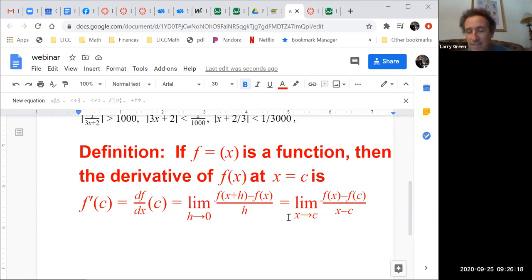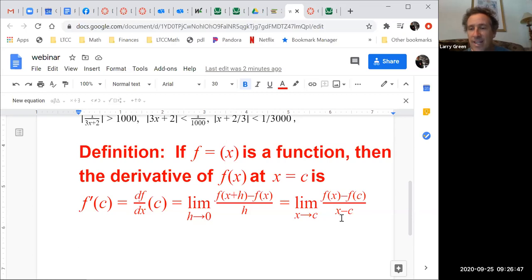And then after that, we learned about what limits were. So now we can actually formally say the limit as x approaches c of f of x minus f of c over x minus c, which is the same as the limit as h goes to 0 of f of x plus h minus f of x over h. Okay, they're the same. So what this does is it gives the equation for the slope of the tangent line.